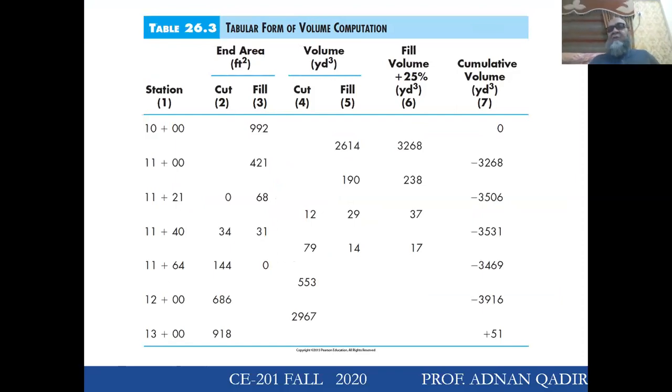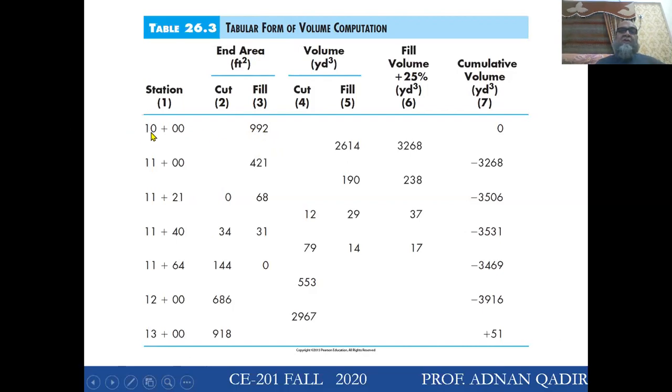How are we going to calculate the volume? A volume is nothing but area into length. So if I have been given this area, now here the area is already given, and all I need to know is the length.